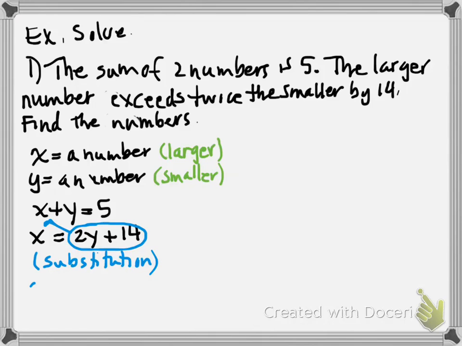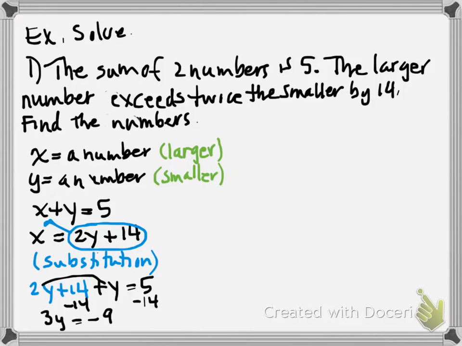So now I have 2y plus 14 plus y equals 5. Somebody's phone needs to get turned off because that's not mine. So I'm going to do opposite operations to get the constants together, and then I have some like terms to combine. That gives me 3y equals negative 9.